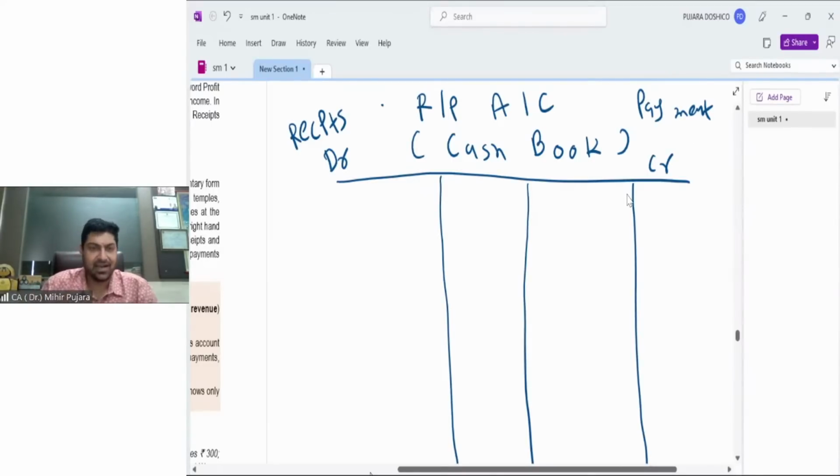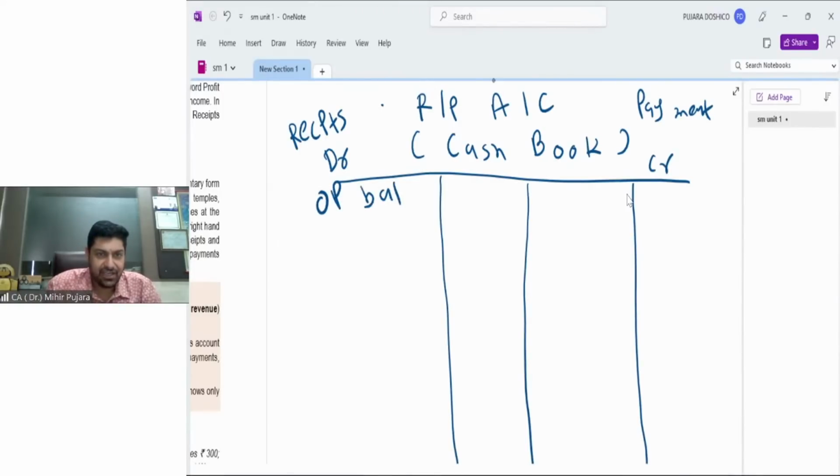Because this is cash book, generally opening balance is here and closing balance is here.